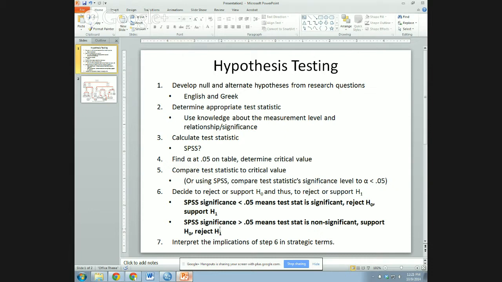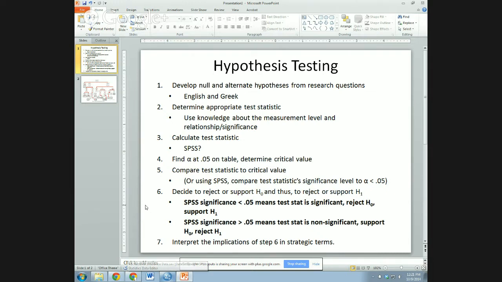Well, again, that requires you to go back to the research question and use whether or not you accept or reject the null hypothesis or the alternative hypothesis to answer the research question, now that we have some evidence from hypothesis testing. Okay? All right.